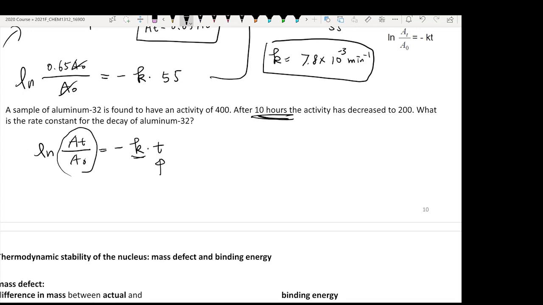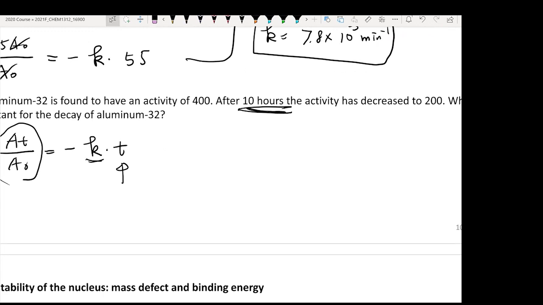Here it says in the beginning, you have an activity of 400. That means your reactant itself is going to provide 400 activity. After 10 hours, you still have 200 activity. So you can use that activity as an indication of how much of the original reactant you still have.